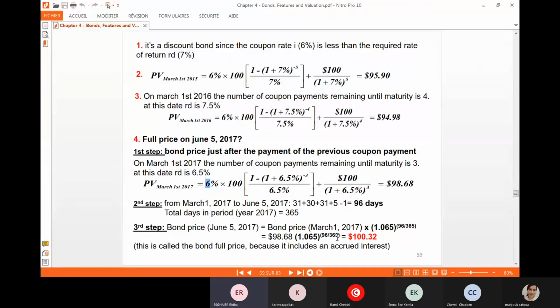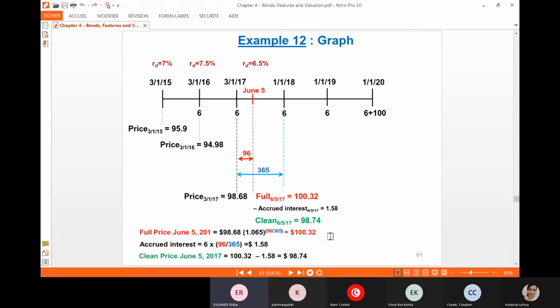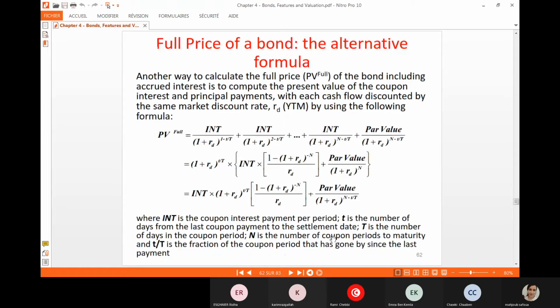So simply, if you want to avoid these steps in the calculation of the full price, you can simply take this formula, which is the classic valuation model, where you multiply it by 1 plus RD power t over capital T. We will call t the number of days between the previous coupon payment date and the desired date, and capital T simply the total number of days in the period.